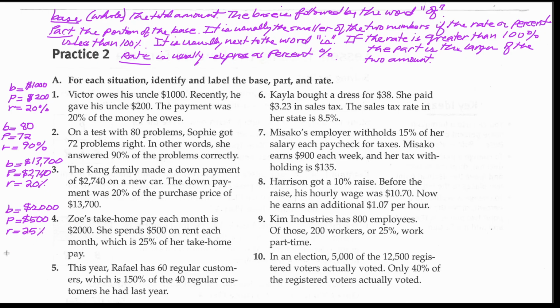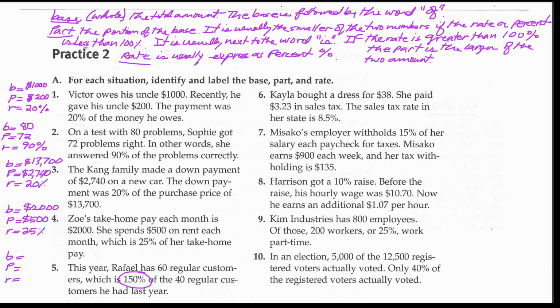Look at number 5. The base, the part, and the rate. This year, Raphael has 60 regular customers, which is 150% of the 40 regular customers he had last year. Wow, 150%. That is more than 100%.